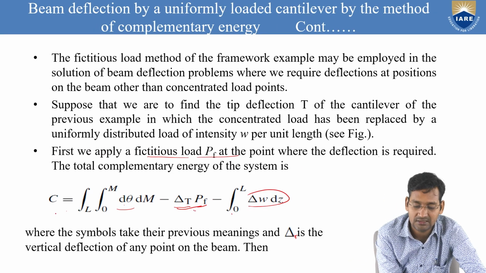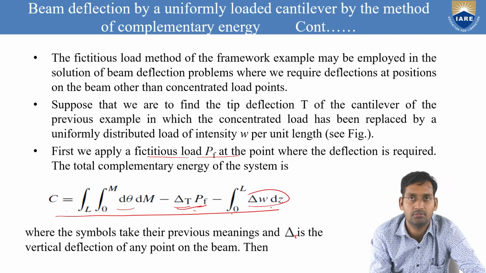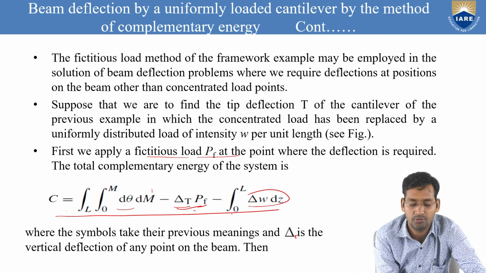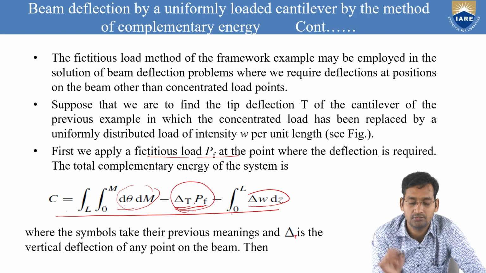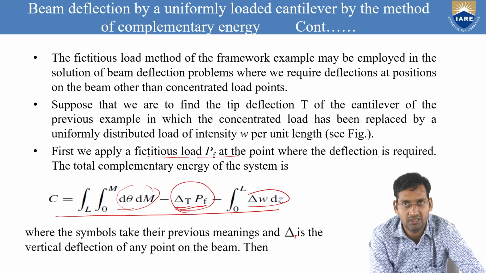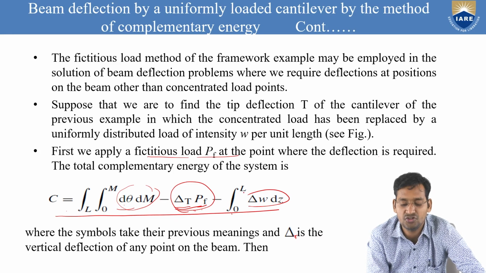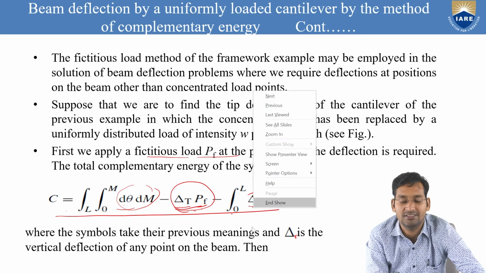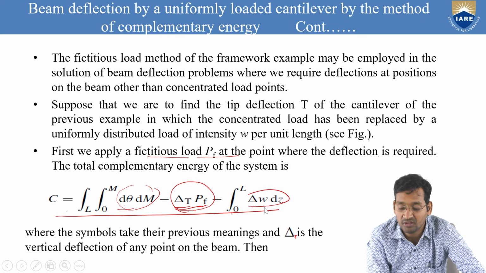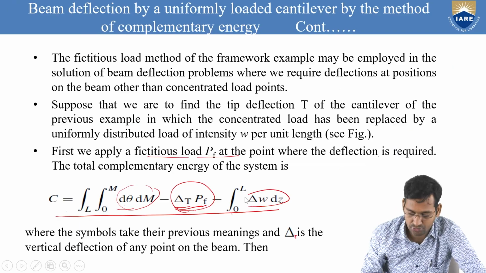So next, this will be the energy equation, right? So this will be, because of the moment, ∫ dθ ∂M, then Δt PF, that is the vertical deflection at tip, into PF because of the fictitious load, minus ∫ from 0 to L of w δw dz. So this is because of the uniformly distributed load.